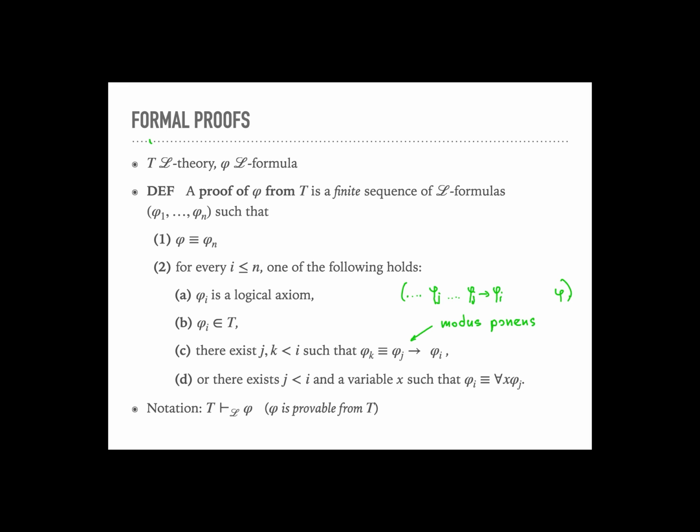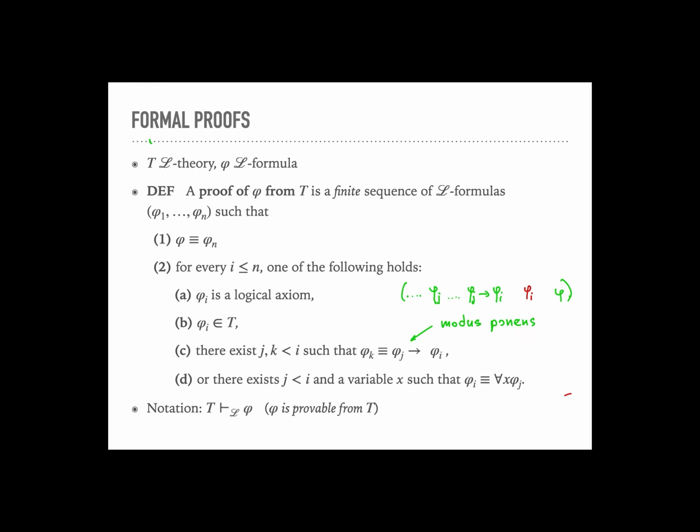Then, at any point after this, we are allowed to introduce or deduce the formula phi_i, because we have previously proved phi_j, and we have also previously proved that phi_j implies phi_i. So this is the so-called modus ponens.